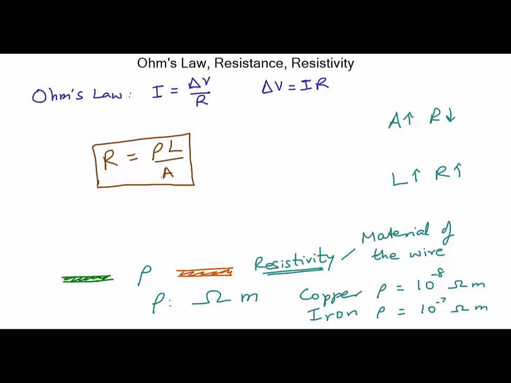And from a unit standpoint, the unit of resistivity is ohm times meter, the unit of length is meter, and I have to divide by the unit of area, which is meters squared, and you can see that all of these meters cancel, leaving me with the unit of ohm, which is the correct unit for resistance. Okay, so this is how the resistance of a wire depends on its physical properties, and here's how the current in the wire depends on the resistance of the wire and the potential difference across its ends.